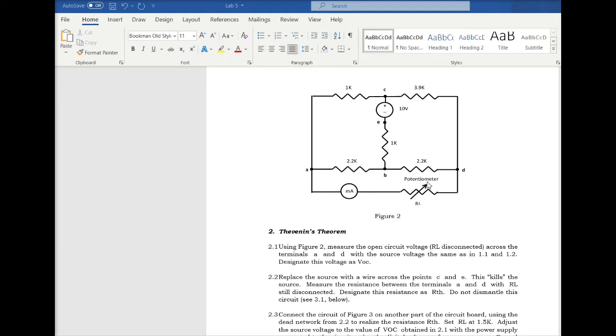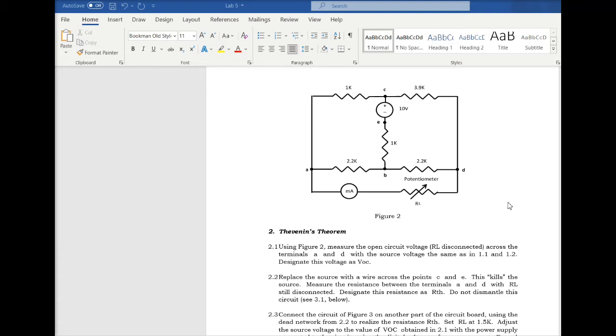That means that we are going to disconnect this RL. So we are just going to have this branch AD. The voltage across the node AD would be our Thevenin voltage. And after replacing this voltage source with a short circuit, if I measure the resistance across AD, that would be my Thevenin resistance.